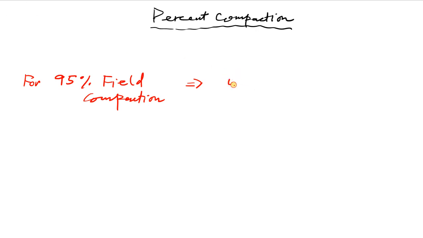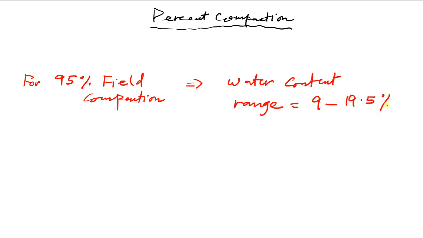The water content range is from 9 to 19.5%. So if the water content in the field is anything between 9 and 19.5, meaning if it is 10 or 11 or 12, if it is in between these two ranges, we can attain the compaction of 95%.